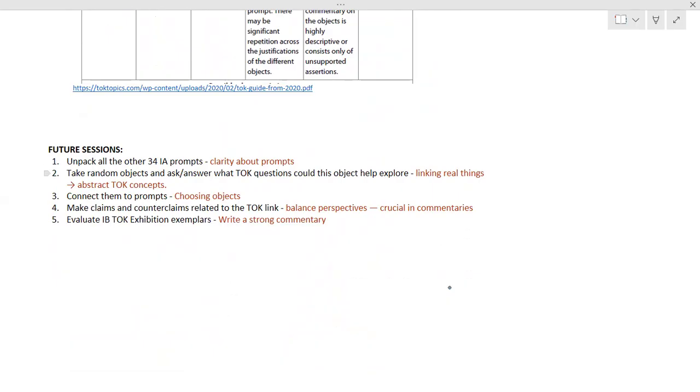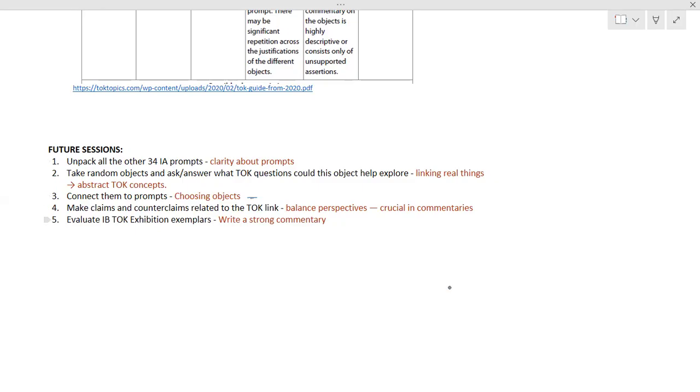We will be taking up random objects and ask and answer TOK questions. Which TOK questions should connect to that object? So we actually learn how to link real things to abstract TOK concepts. Another session would be to connect these objects to the prompts. So how do you choose objects and how do you connect them to the prompts?